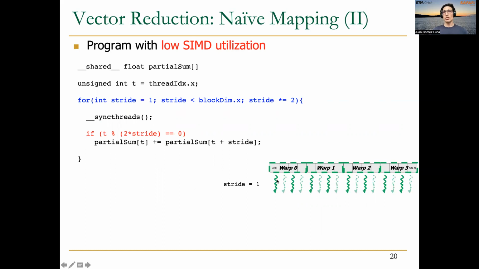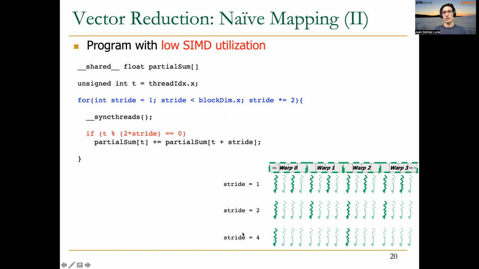Only those even-numbered threads are working. Observe that there is intra-warp divergence, or low SIMD utilization, because half of the threads are working, but the other half are not. This gets even worse in the next iteration when the stride is equal to 2, because now more threads in each warp retire, but there are still threads that keep working, keep active in all warps. And this continues with stride 4 and so on.